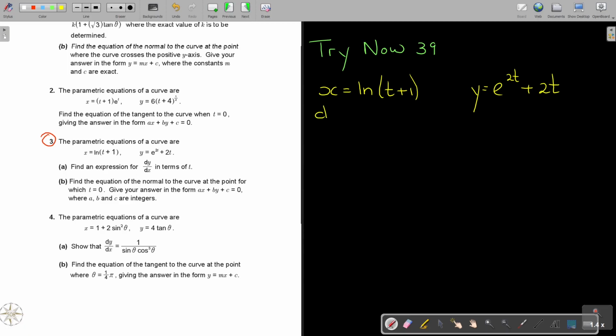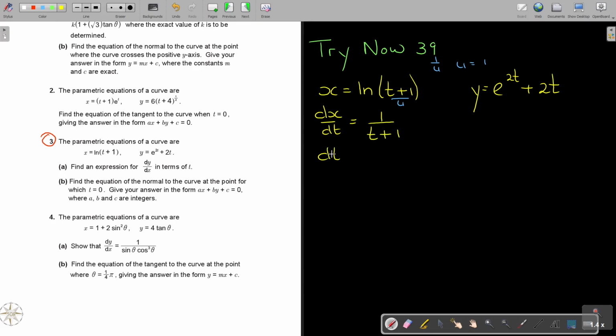So let's start with dx over dt. Now it's also the chain rule. Let's get another color. That is actually u. So it's 1 over u, and u is just 1. If you differentiate the outside, inside, you're just going to get 1 over t plus 1.